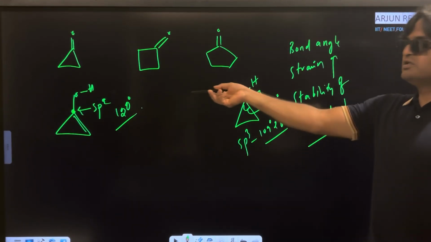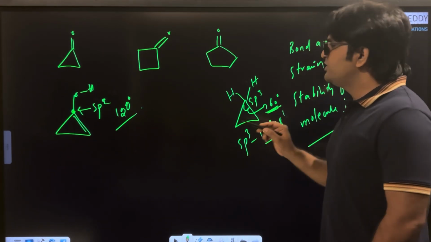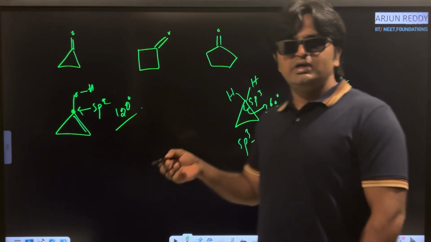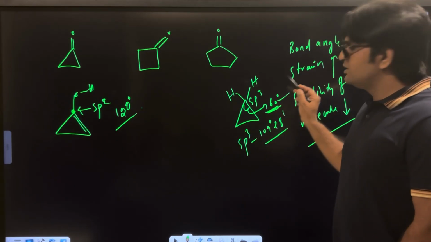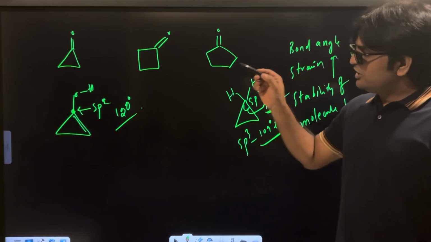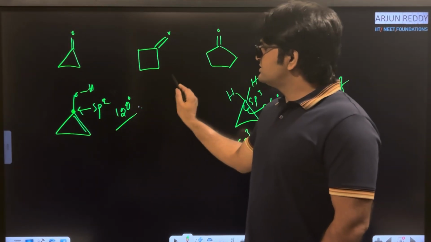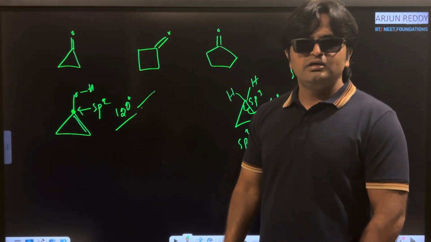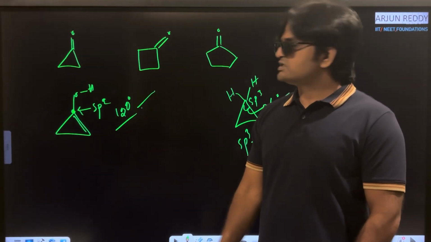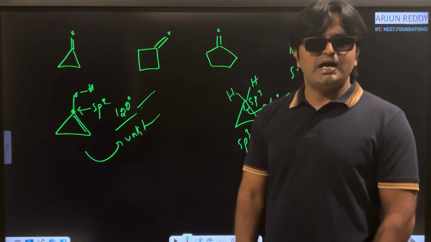Even with sp3, that much bond angle is not possible. Why? Because with sp3, how much bond angle is possible in a 3-member ring system? 60 degrees, but the required bond angle is 109 degrees 28 minutes. If you convert that sp3 into an sp2 carbon atom, the required bond angle is 120, but that is not available either. That's why the molecule is unstable. Yes, this molecule is also unstable.